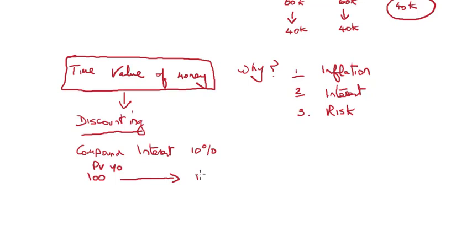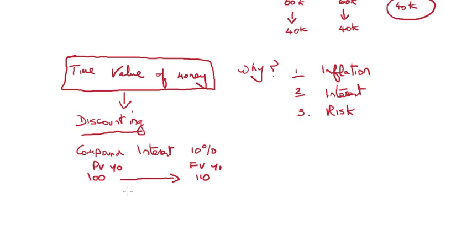The amount that it's going to amount to, the future value, FV, is in year 1. What we mean by year 1 is in 1 year's time, exactly 1 year away. So with compound interest, the money moves from a present value of 100 to a future value of 110.